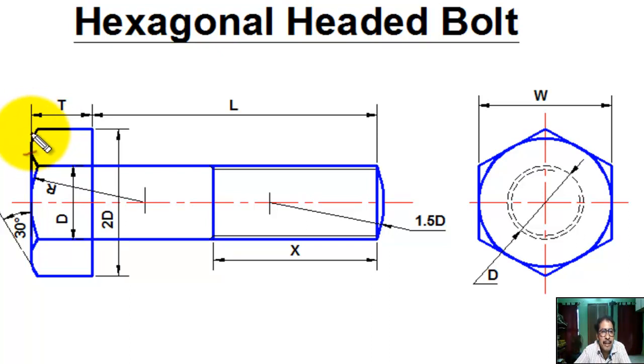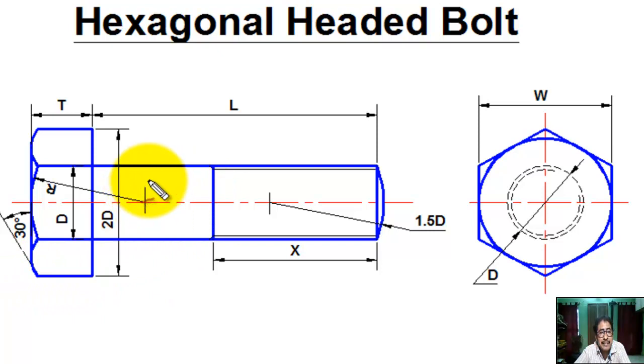So chamfer is given in all vertical edges, vertical corners, this edge, this edge, this edge are 30-degree chamfer.